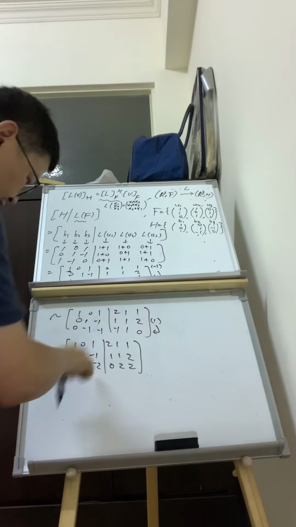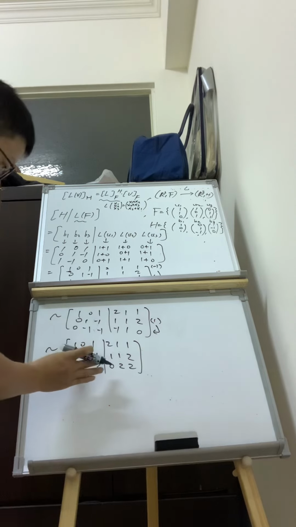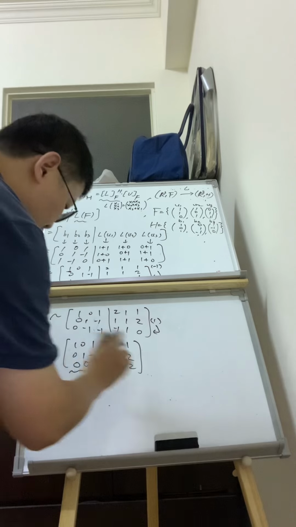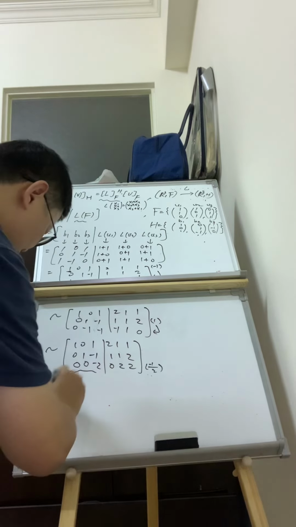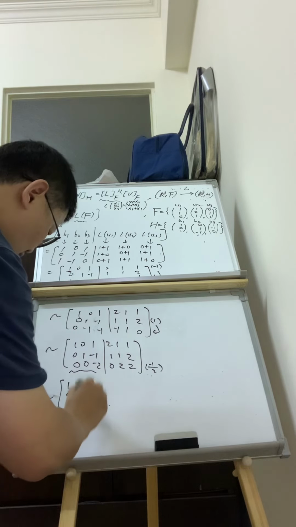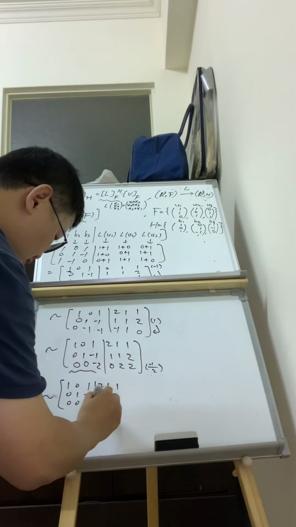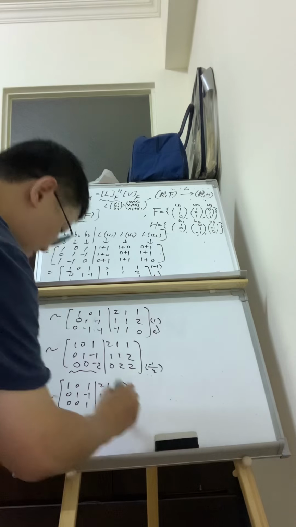Okay, so here what we want to do is to make the left side the identity and check the right hand side matrix. So we should multiply negative 1 here. Then you will get 1, 1, 0, 1, 0, 1, negative 1, 0, 0, 1. And it's 2, 1, 1, 1, 1, 2, 0, multiply negative 2, so it's negative 1, negative 1.